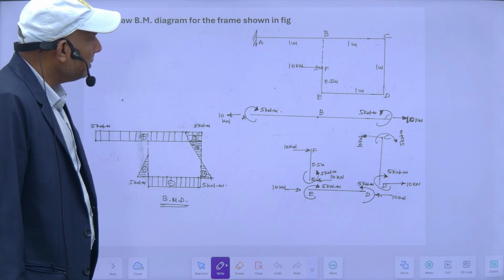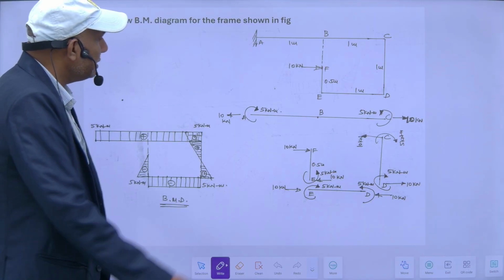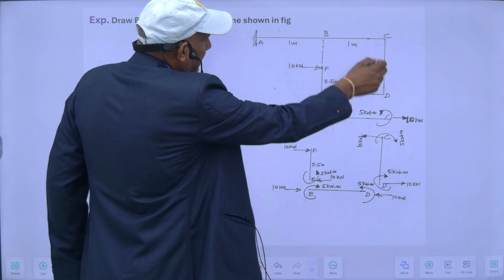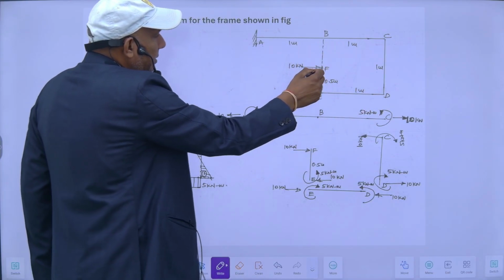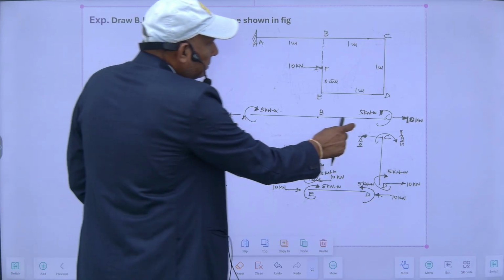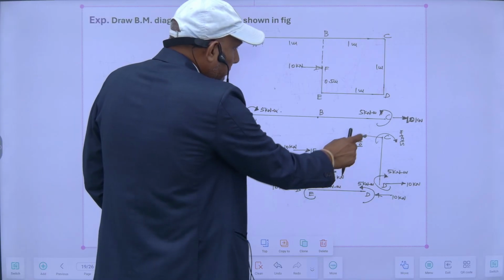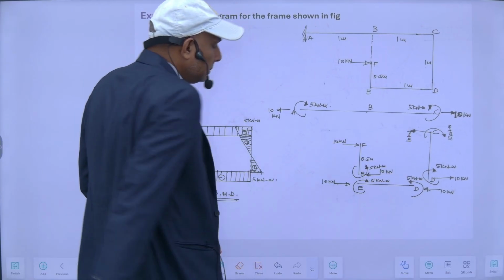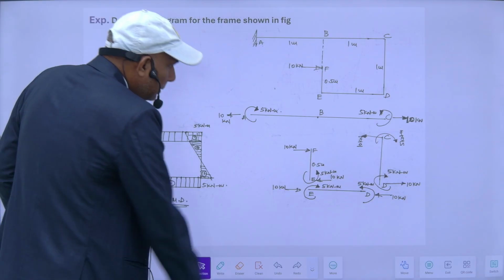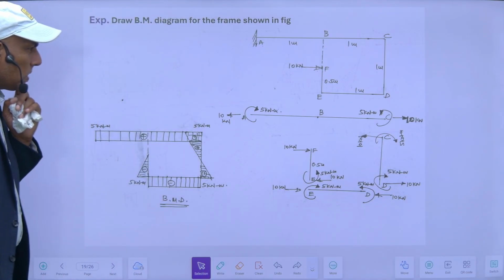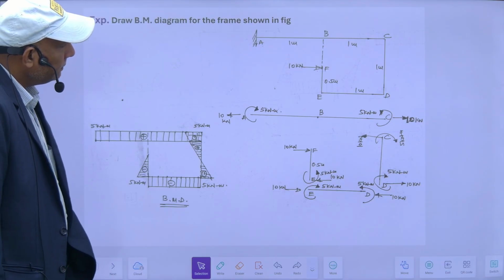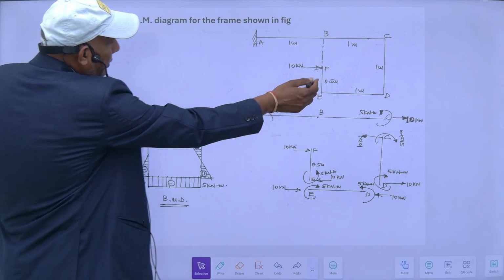So there is a bracket, and I have to draw its bending moment diagram. This is A, B, C, D and E, and there is a horizontal load here. So let's start with the free body diagram.